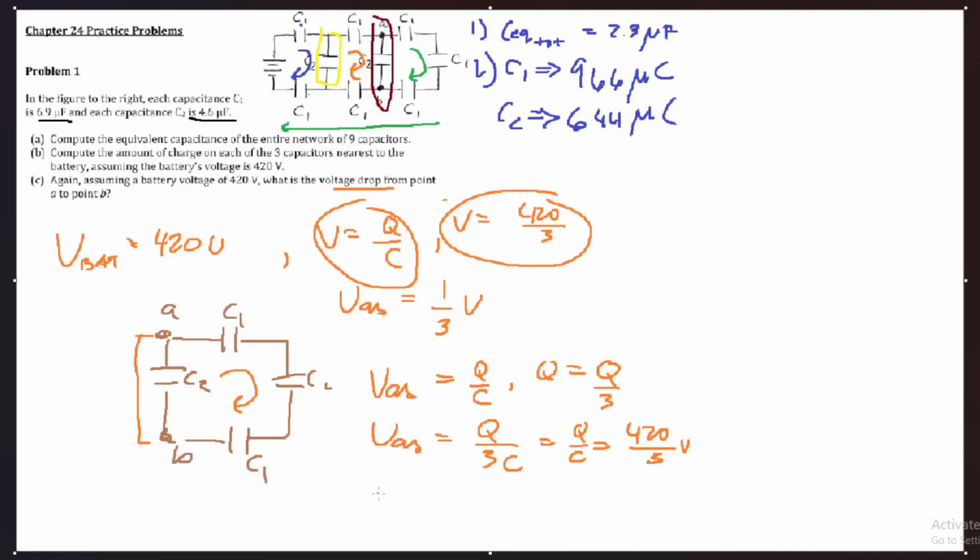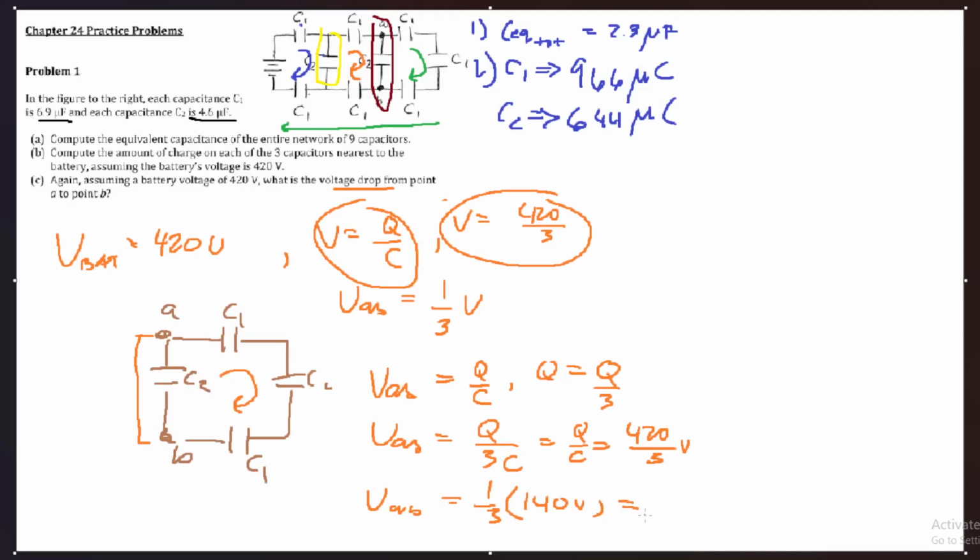So we can say that the voltage drop VAB from A to B is equal to 1/3 multiplied by 140 volts.